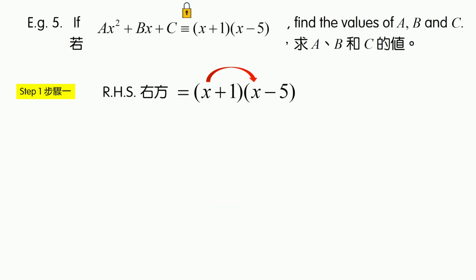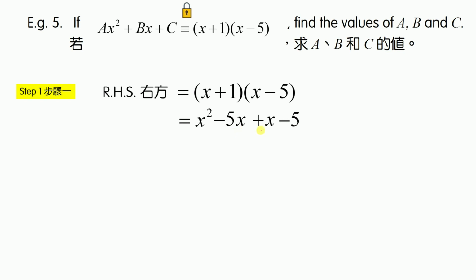First, x times x equals x squared. Expanding this, x times negative 5 is negative 5x. 1 times x equals positive x, and then 1 times negative 5 equals negative 5. With these 4 terms, we now look for any like terms.